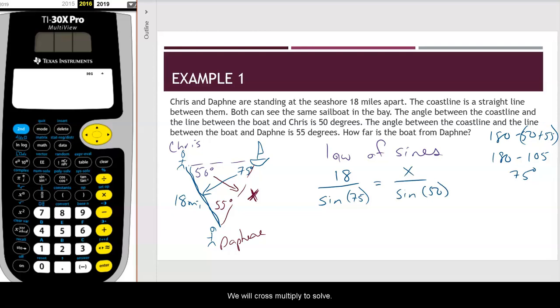We will cross multiply to solve. X times sine of 75 equals 18 times sine 50. Divide both sides by sine 75.